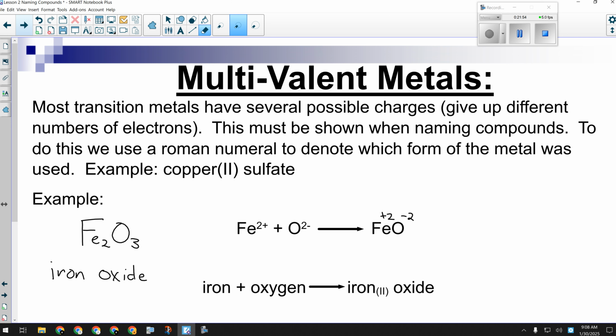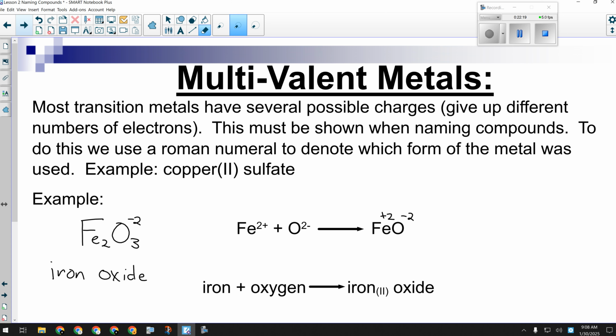So here's what we do to figure out what the charge is on iron. Oxygen always has a charge of -2 because it's in group 16. How many oxygens are there here? 3. So how many negative charges do I have? Every oxygen's -2, and I have 3 oxygens.